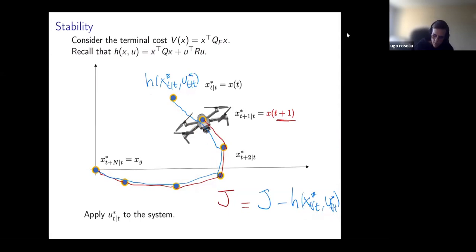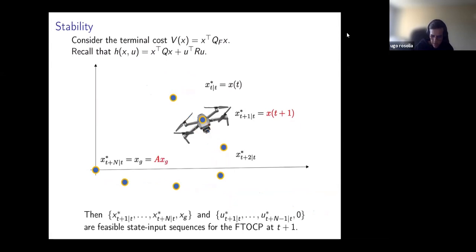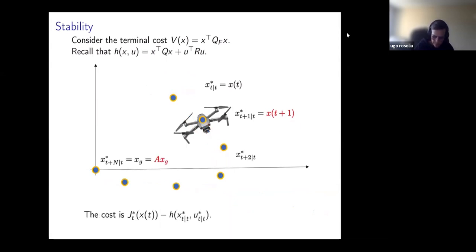Okay. So now what we notice is that this is the cost associated with a feasible trajectory to our finite time optimal control problem. And so by virtue of being the cost associated with a feasible trajectory, the optimal cost of our controller is going to be lower or equal than that.